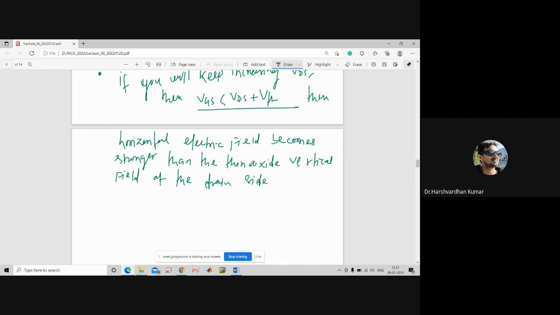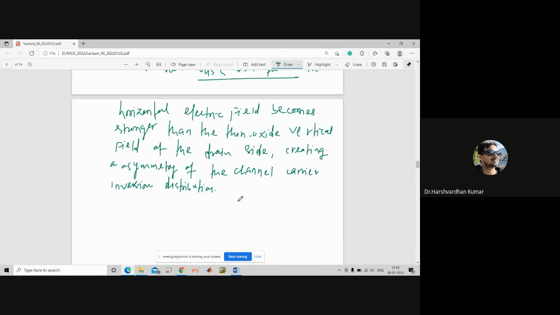So at the drain end, what will happen? It creates an asymmetry of the channel carrier inversion distribution. So what will be the diagram now?